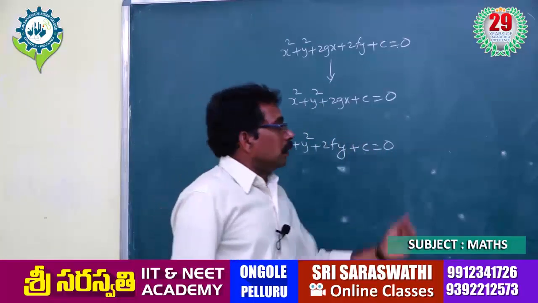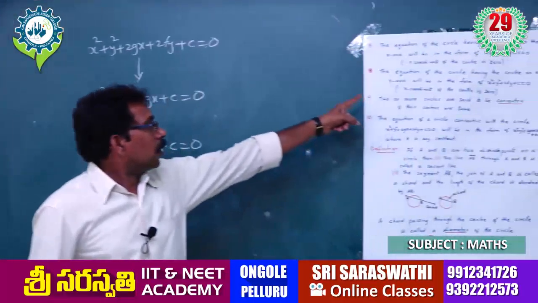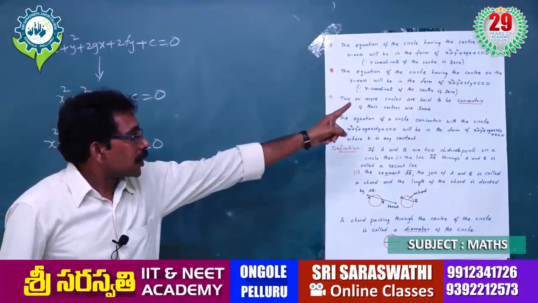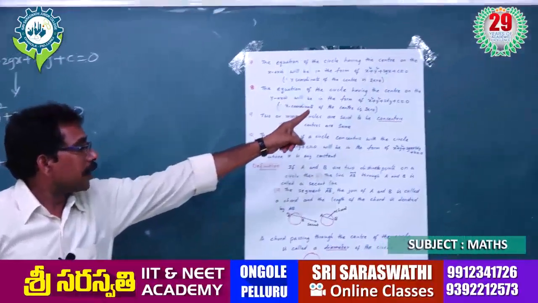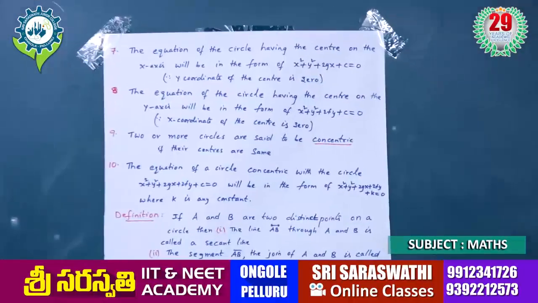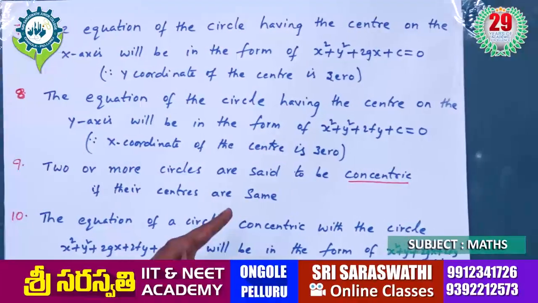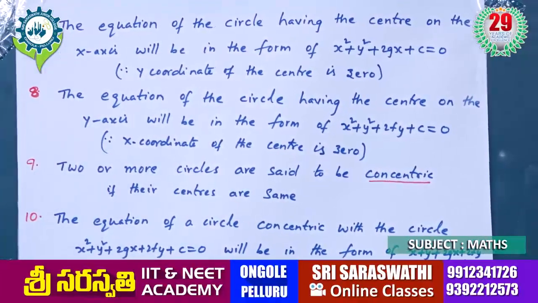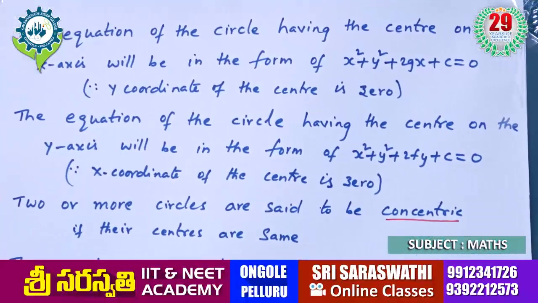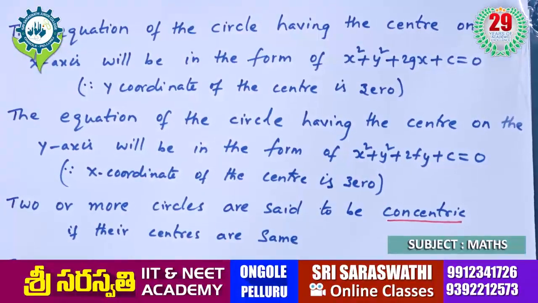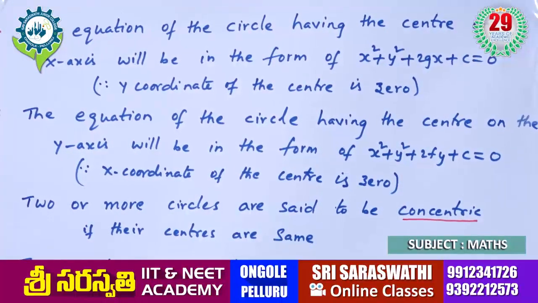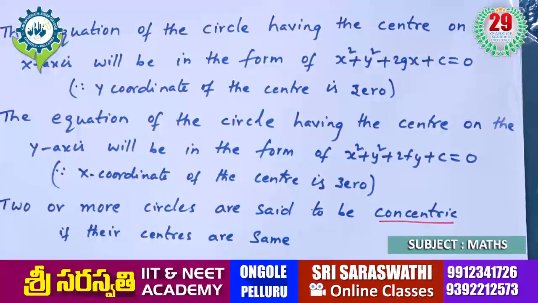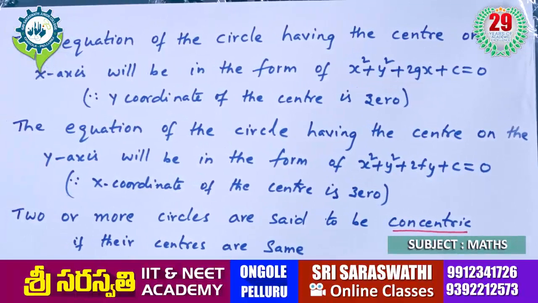Next point is, two or more circles are said to be concentric if their centers are same. That means two or more circles are said to be concentric circles if they have same center but different radii.